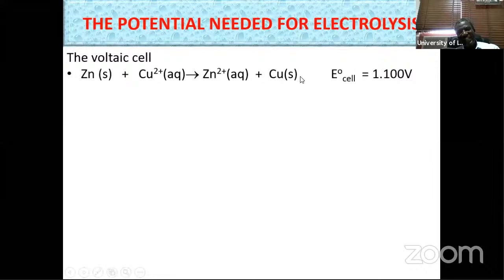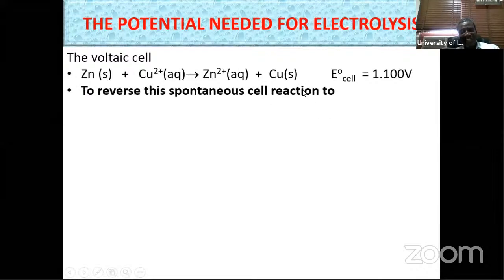Now, the potential needed for electrolysis. Normally, when you have a galvanic cell, for our popular Daniell cell, the E cell is 1.1 volts. You need that to reverse this reaction.